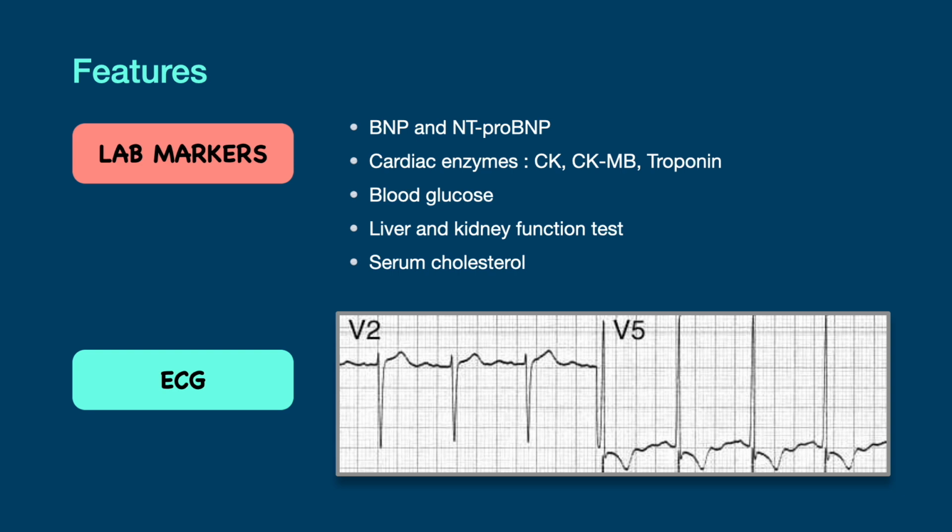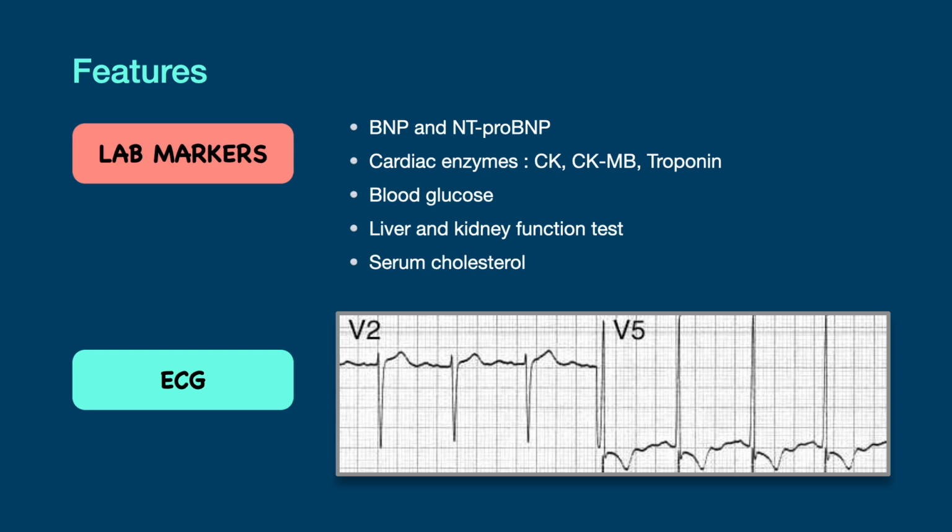Other laboratory tests include cardiac enzymes to assess myocardial damage, such as CK, CKMB, and troponin, blood glucose levels, liver and kidney function tests, serum cholesterol levels, thyroid function tests, and full blood count.